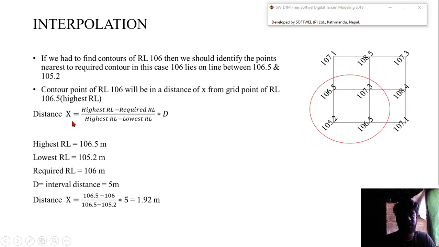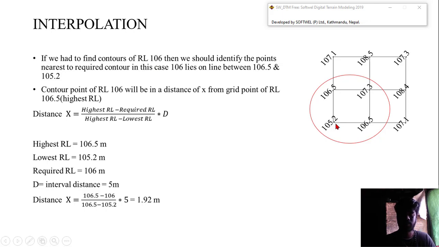Distance x: if we are considering 2 points, 106.5 and 105.2, here the distance x is calculated from the higher RL. The calculation is the highest RL, 106.5, minus the required RL, which is 106, divided by the highest RL minus the lowest RL.